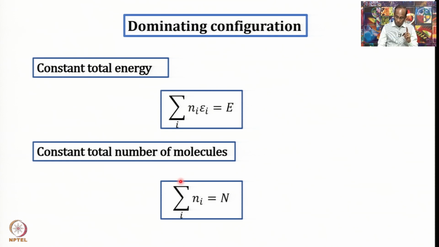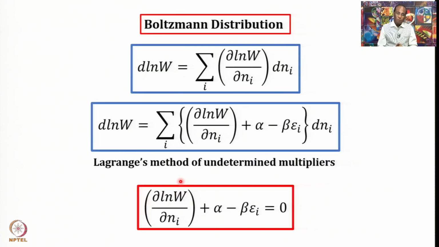With these two constraints, the next step was to find the dominating configuration, because there are so many configurations which are possible. So, there has to be one configuration which is most dominant. That is where we decided to bring in the concept of maxima, that is, if for a function f its maxima is to be found out, take its derivative and set it equal to 0.